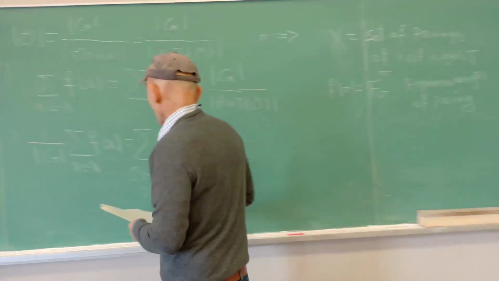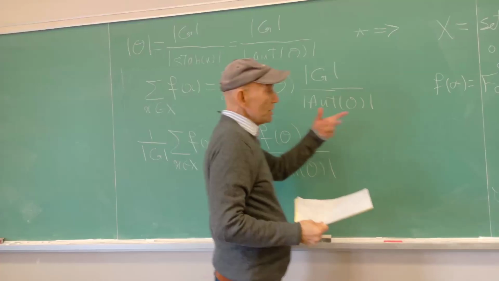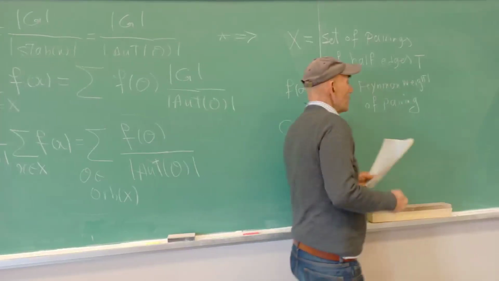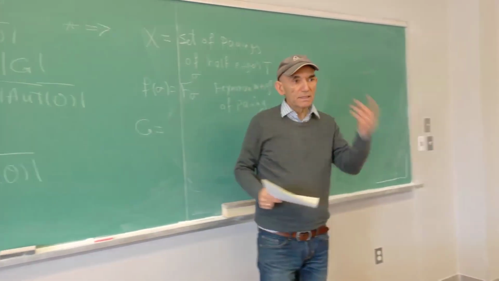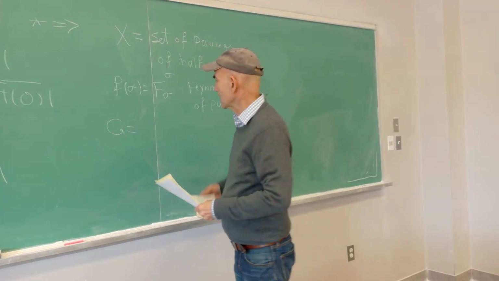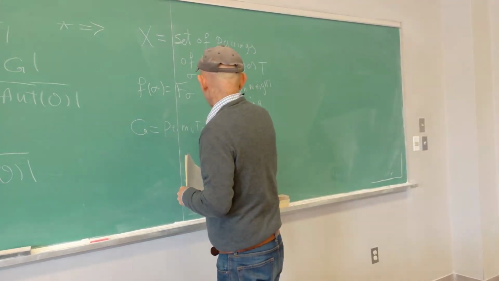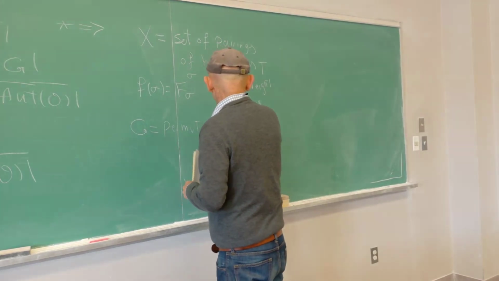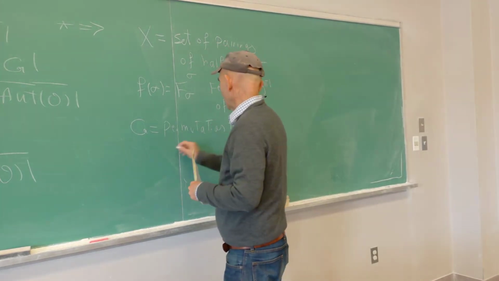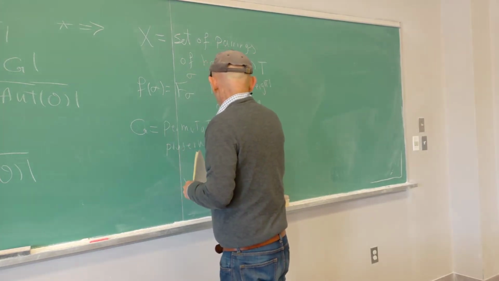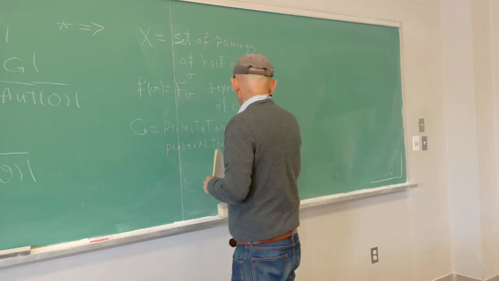And G was a set of permutations of these pairings that preserve the flower structure.